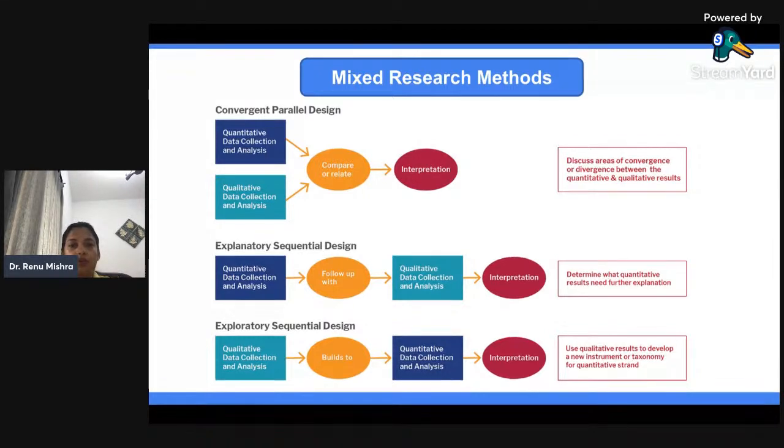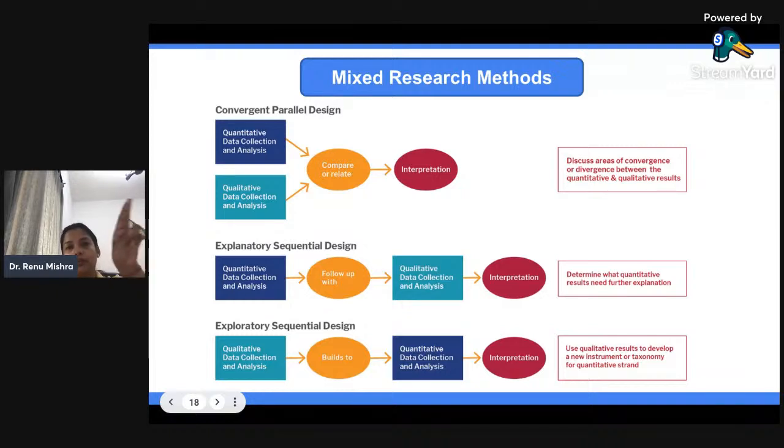Okay, let's move on to exploratory sequential design. In exploratory sequential design, if you remember, we discussed exploratory research, wherein we talked about how you explore a particular concept or a particular problem. It is exactly the reverse of explanatory.